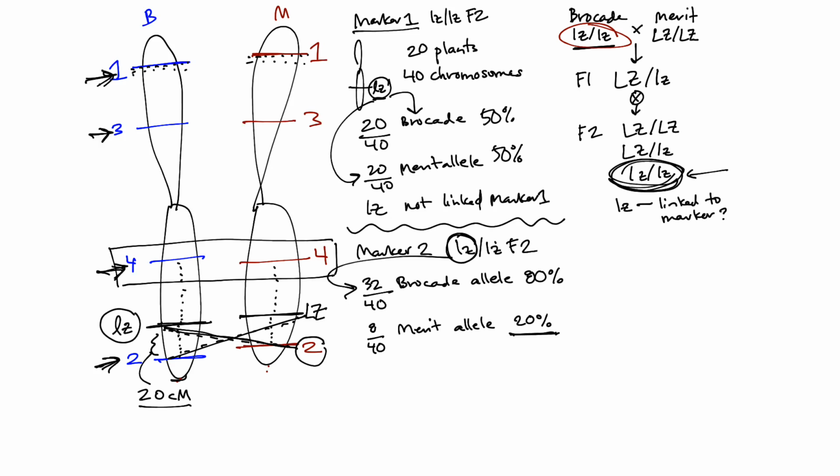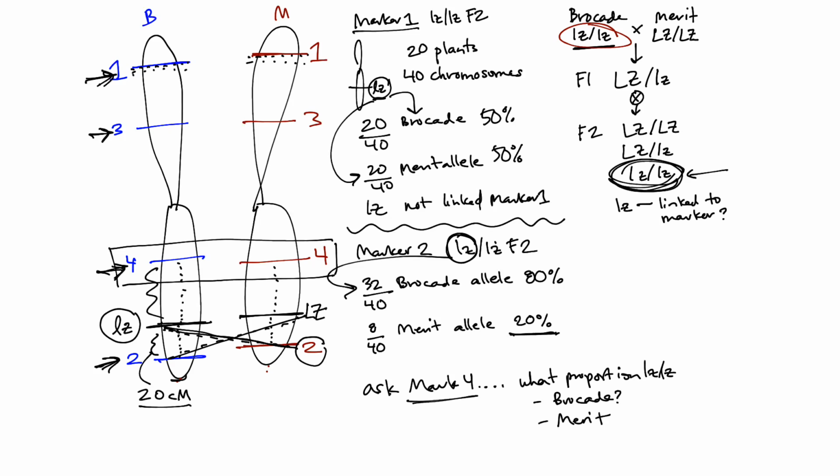But we'd have to do the genetic testing and ask, for marker 4, what proportion of LZ mutants have Brocade, and what percent of LZ mutants have the Merit allele at marker 4. That's going to tell us how far this distance is between marker 4 and the LZ allele.